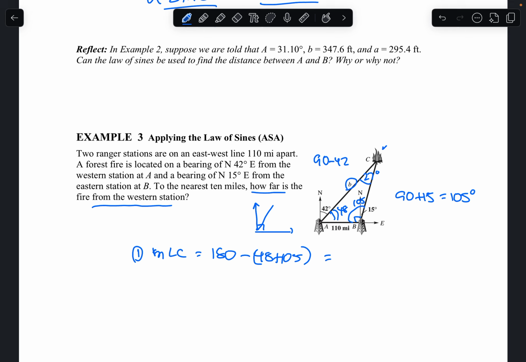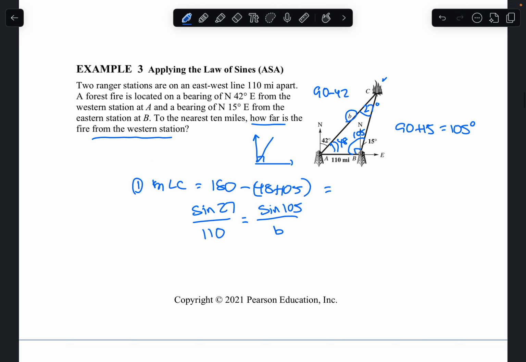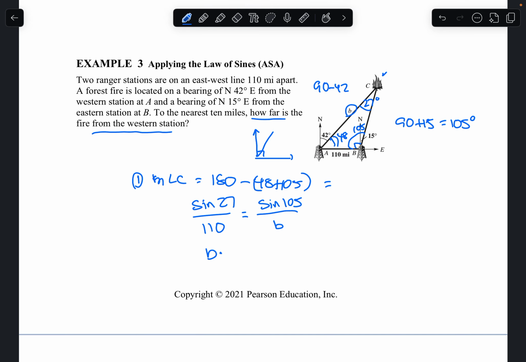So again, we can set up a law of sines problem. We know for a fact it's going to be greater than 110 because 27 is the smallest angle, therefore 110 is the smallest side. So it's the sine of 27 is to 110 as the sine of 105 is to B. And again, we're going to cross multiply, meaning we multiply diagonally: B times the sine of 27 equals 110 times the sine of 105.